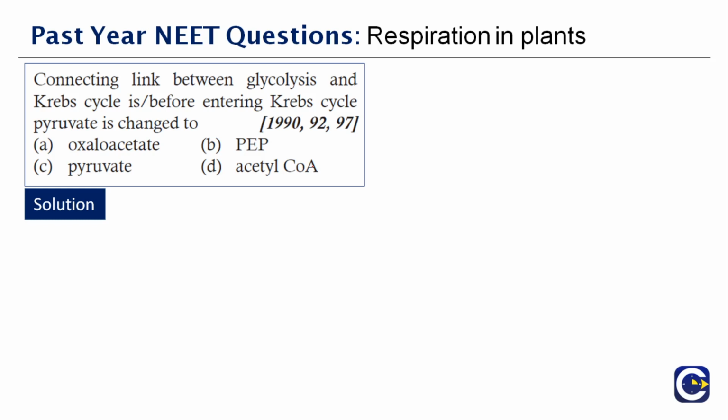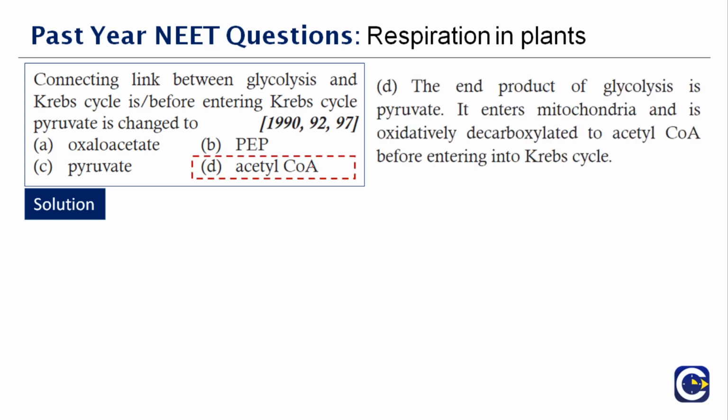But what actually connects that link is acetyl-CoA. What gives that link between glycolysis and Krebs cycle is acetyl-CoA. It enters the mitochondria and is oxidatively decarboxylated to acetyl-CoA before entering into the Krebs cycle. Therefore, the correct answer to this question is acetyl-CoA.